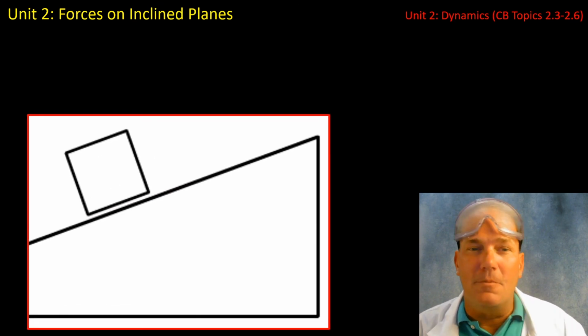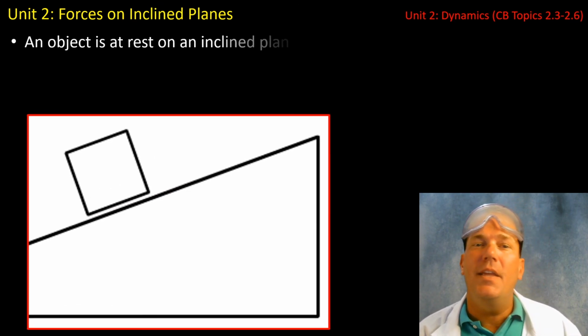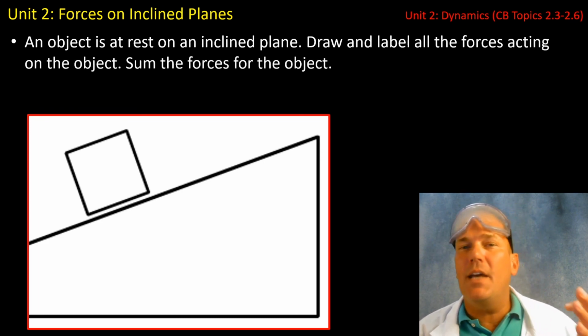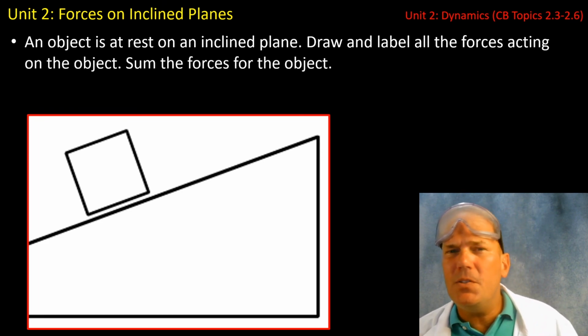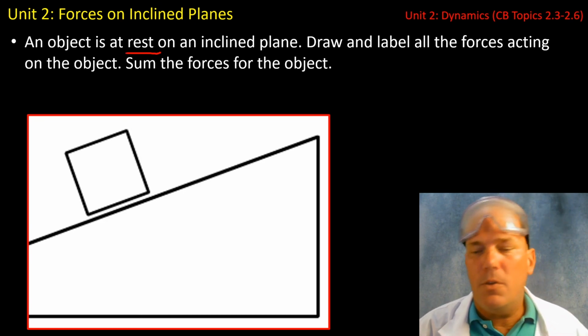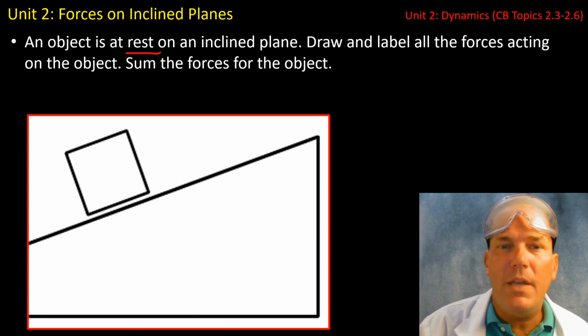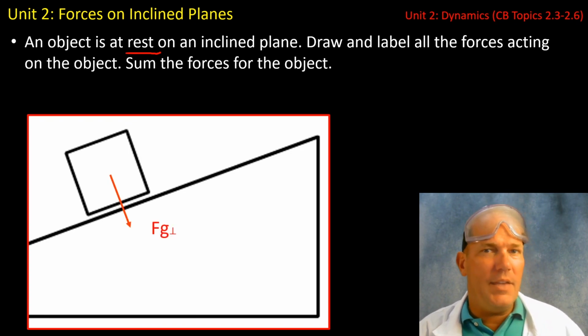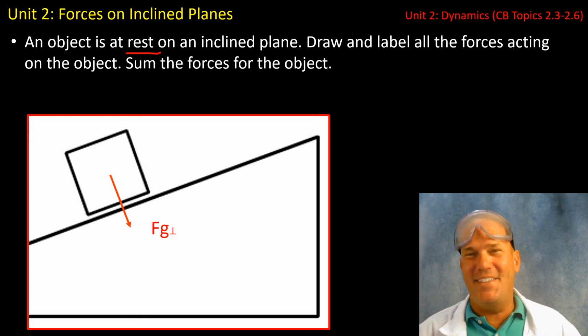Okay, so let's go ahead and draw and label forces acting on this object, and let's also sum the forces in the parallel and perpendicular direction. I hope you are underlining the word rest. If it is at rest, it is stationary, and that has a lot of implications as well.